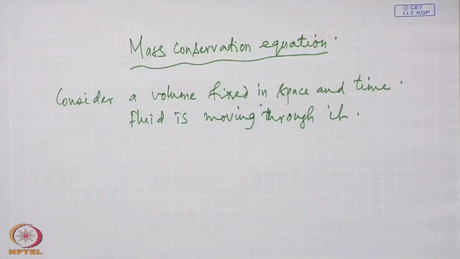Let us, for the time being, move to any general type of volume. To start with, let us consider this volume to be bounded by surfaces which are parallel to the coordinate planes.